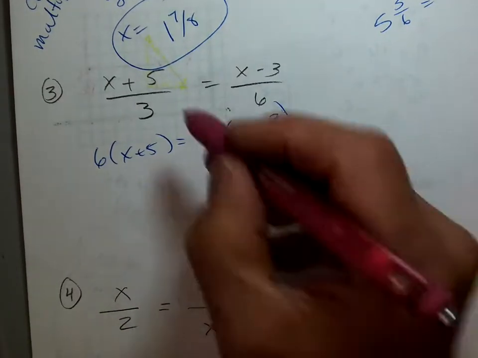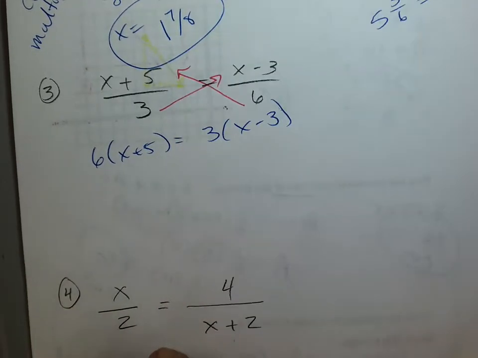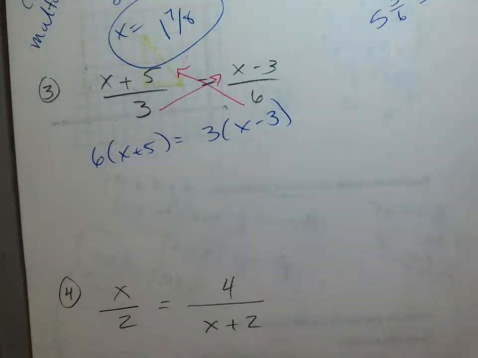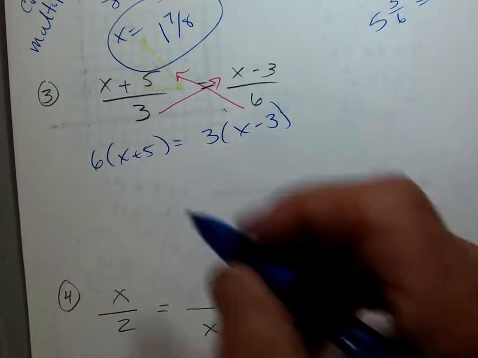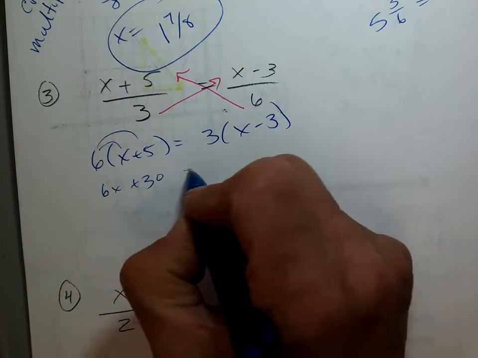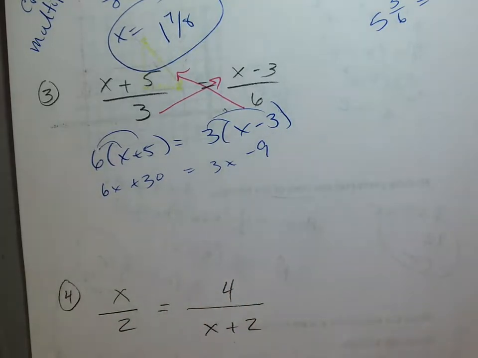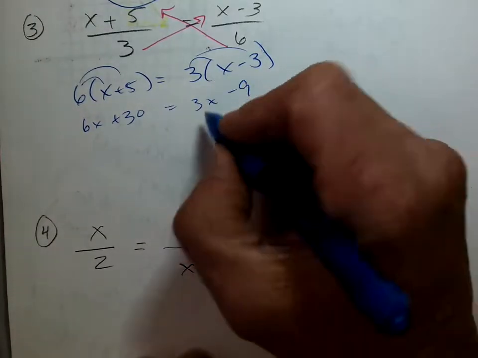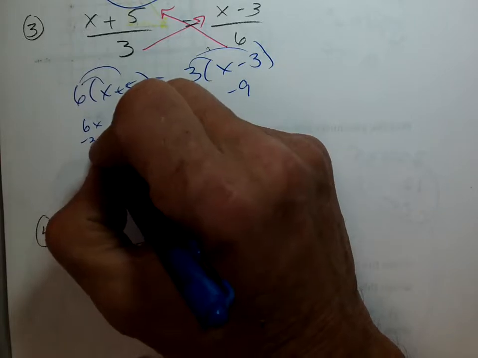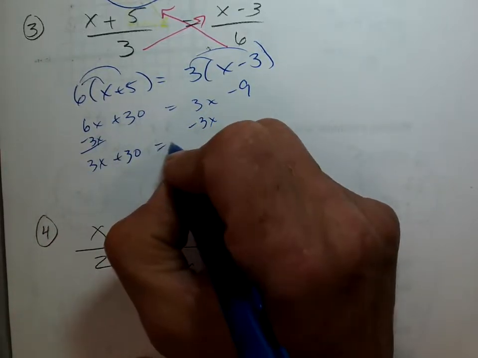Then distribute. I get 6x plus 30 equals 3x minus 9, right? Minus 3x, minus 3x. 3x plus 30 equals negative 9, right?